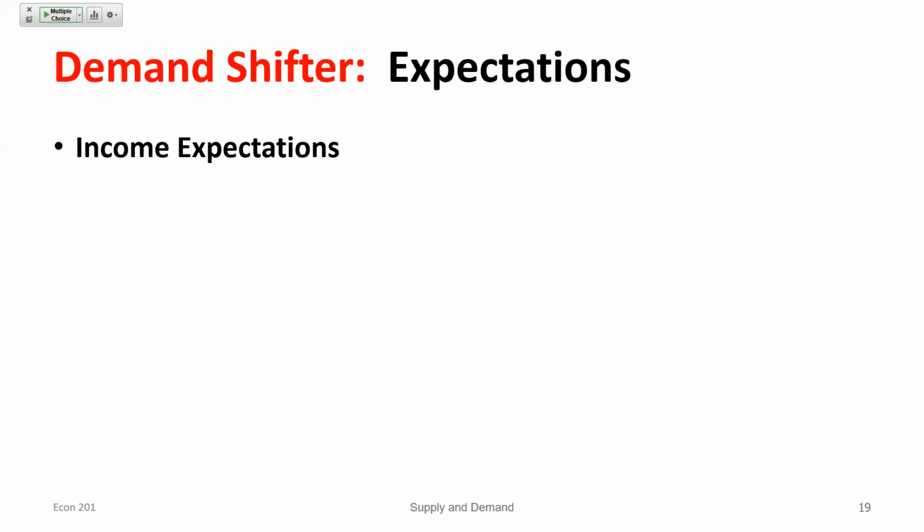Got current demand. What happens if we expect our income to go, we'll call this future income. We expect future income to be higher. What might happen to our consumption of certain goods now?